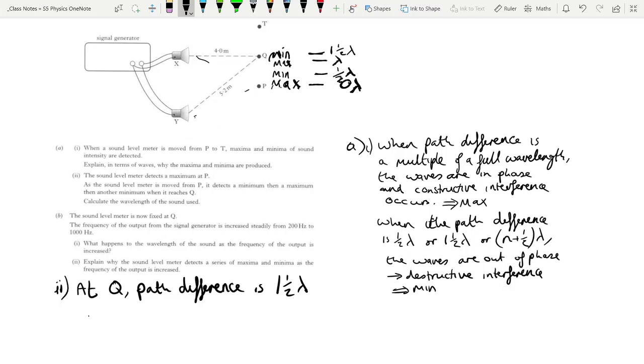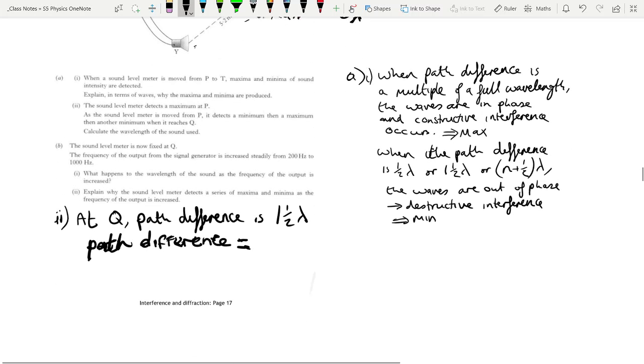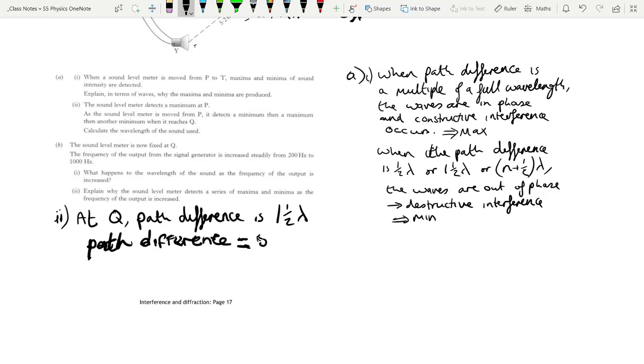So one of the paths is 4 and one is 5.2, so 5.2 minus 4, which is 1.2 meters.